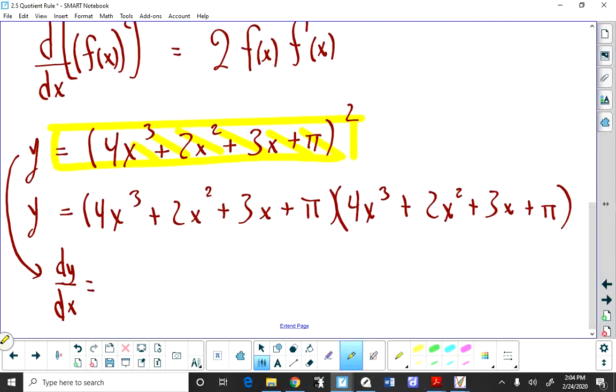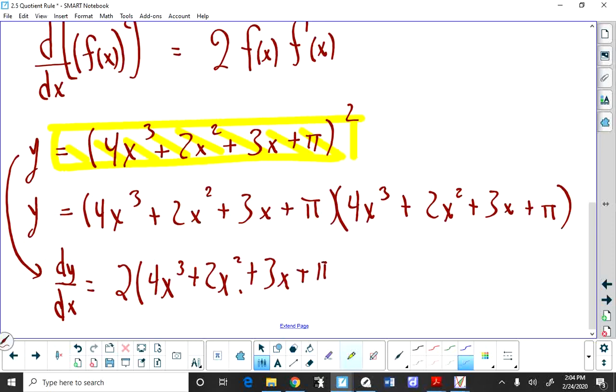What I'm going to do is swing the 2 down in front, drop 1 from the exponent, but then I have to multiply by the derivative of what's inside. So that's where this f prime of x comes in.